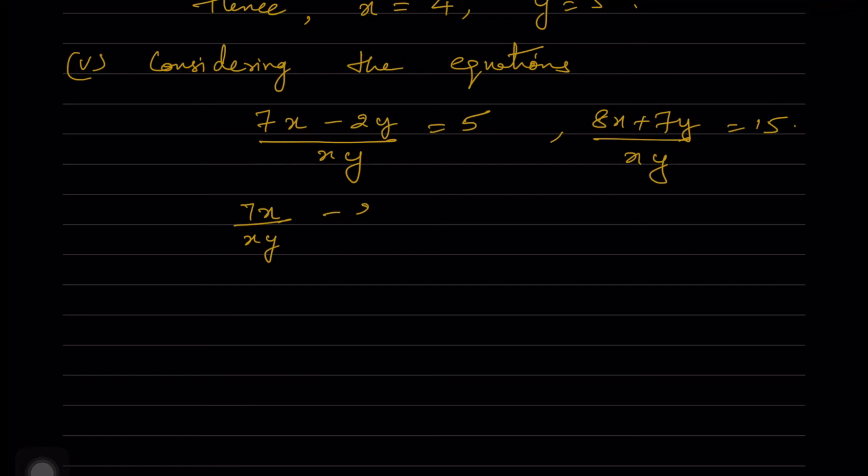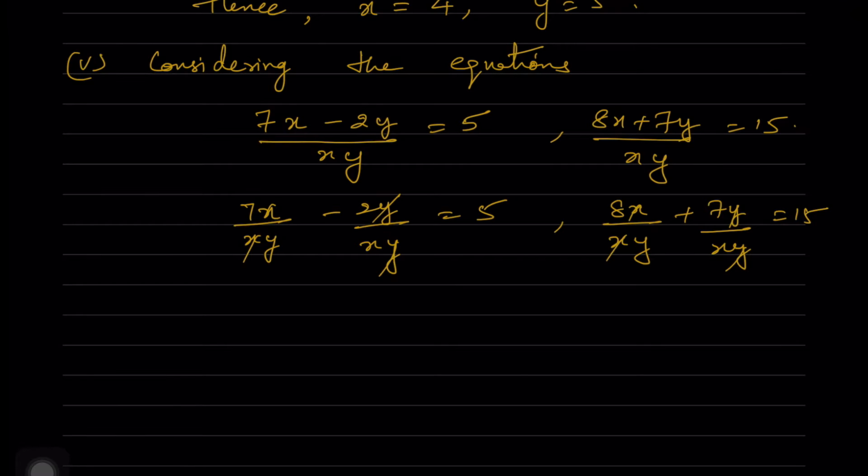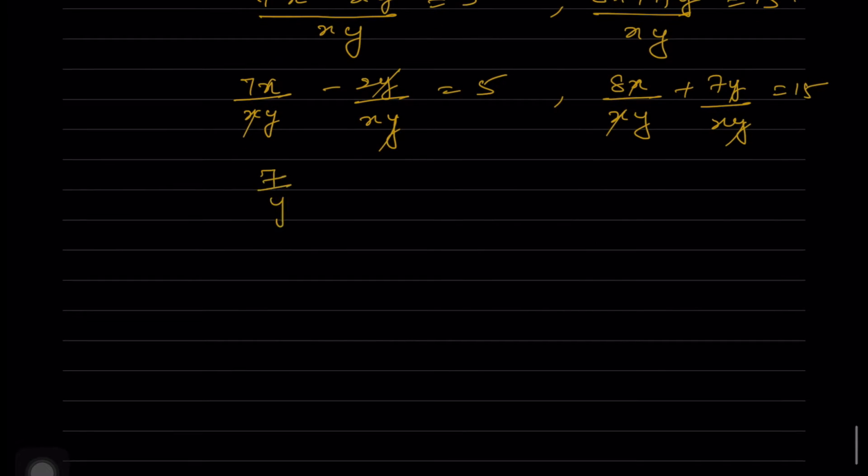Now how do we solve this type of problem? We are going to divide throughout by xy for the left hand side. So we are getting 7x by xy minus 2y by xy is equal to 5. Here also we do the same way: 8x by xy plus 7y by xy is equal to 15.